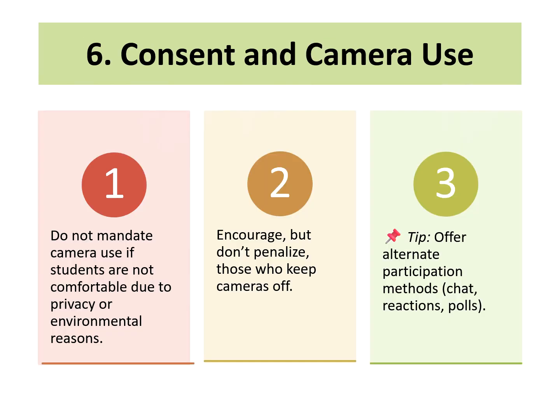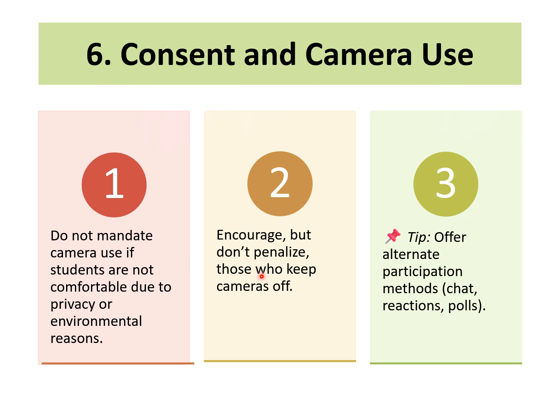Number 6 is consent and camera use. Number 1 is do not mandate camera use if students are not comfortable due to privacy or environmental reasons. For example, they're sitting in a place where they cannot open their camera, or they don't want their camera to be on because of some personal reasons.